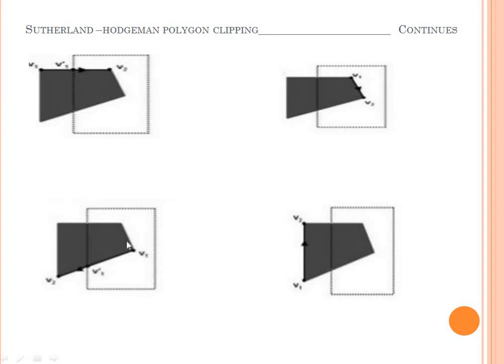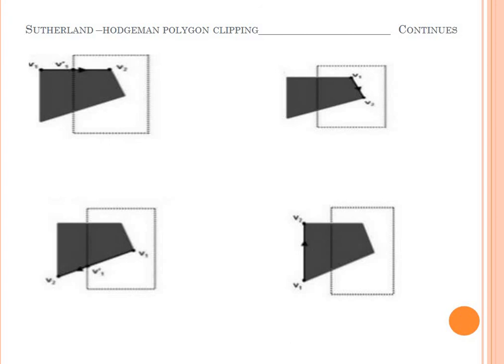In the third case, the vertices move from inside to outside; we save V1 dash, the intersection point. And in the last case, both vertices are outside of the clipping window; no need to save any vertices. These are the four cases.